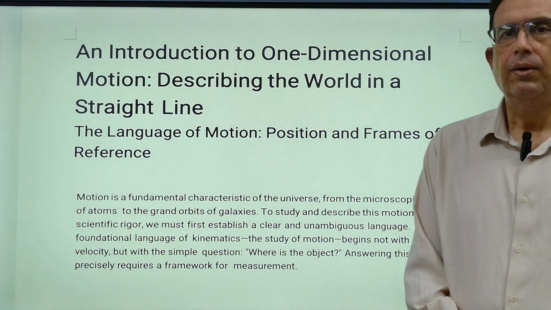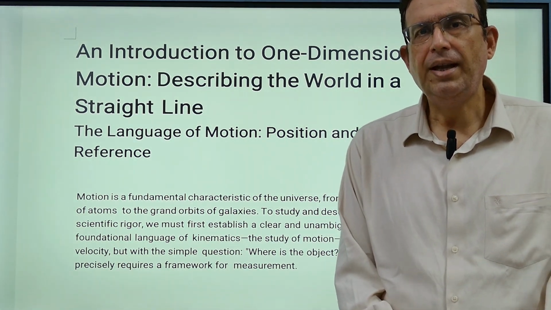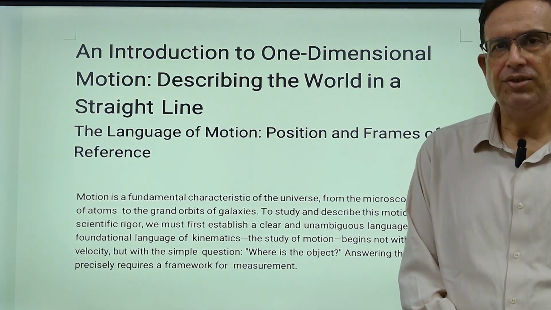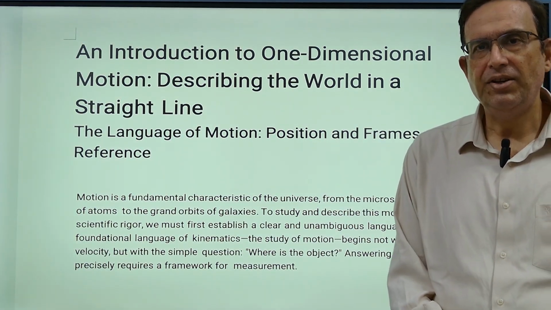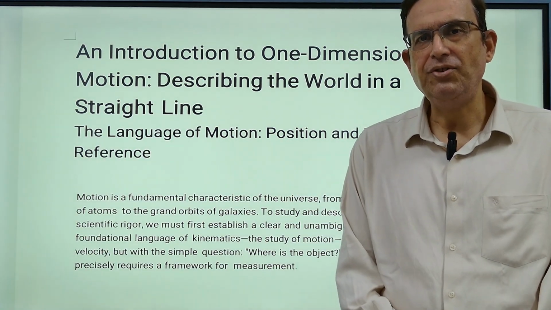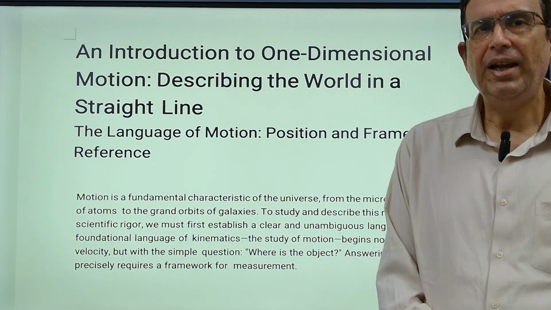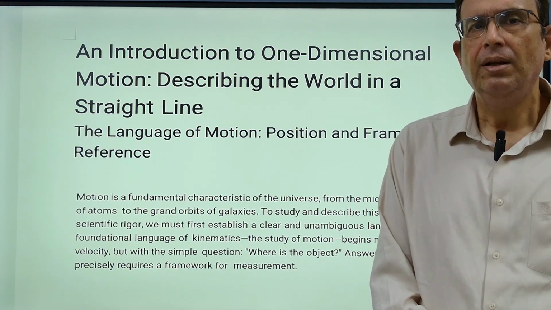In the first video, we are going to discuss only uniform motion, that is a motion with constant velocity and no acceleration. And in the next video, we will cover acceleration in one dimension. So these would be the two chapters related to the motion in one dimension.